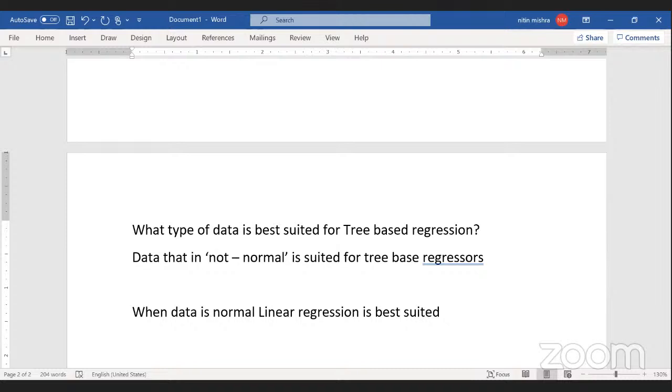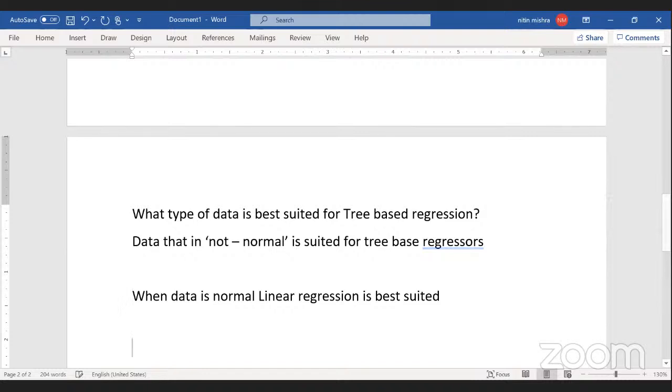Yes, I know decision tree regressor. Do you know KNN based regressor? Yes, I know KNN based regressor. All right. But many people do not know when to use what. And this is essentially what it is.